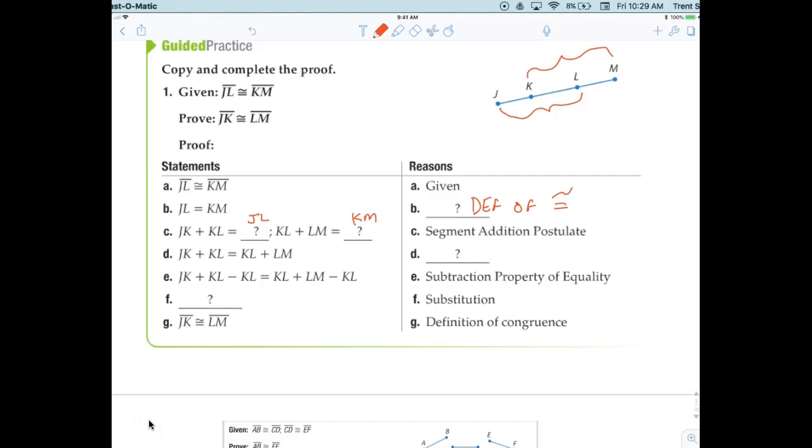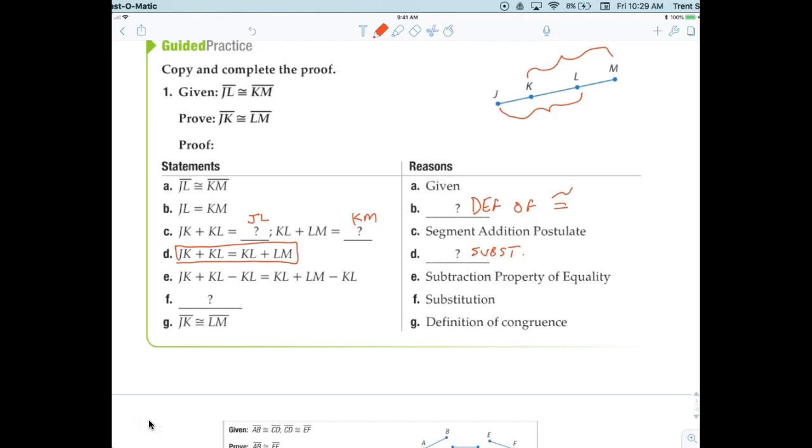That is called the segment addition postulate. Now, why in the world are those two things equal? That is right, substitution. Some people don't see that, so I'm really trying to do a good job this year of showing you exactly why that's true.